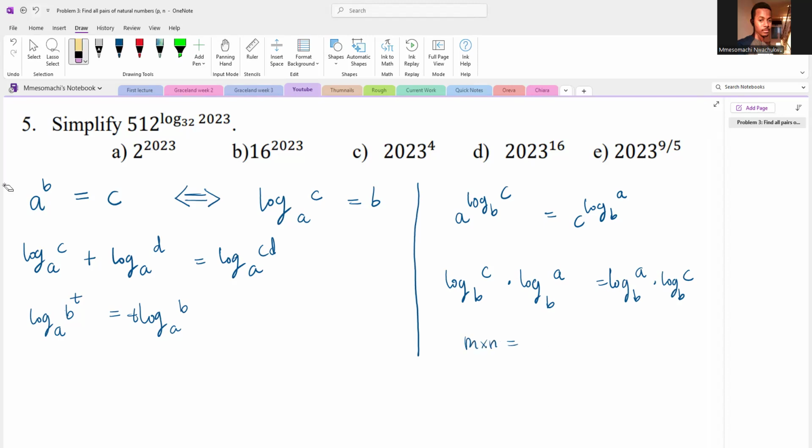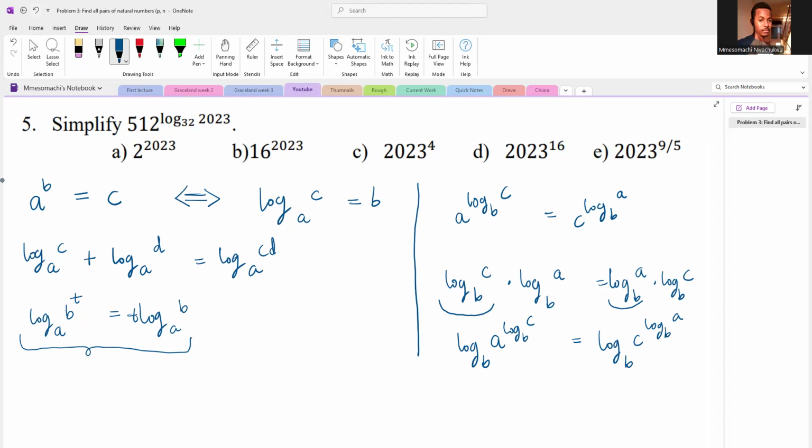Okay, so that's clear. Now we're going to apply this law here. If you take this and make it a power, we have log to base b of a to the power of log to base b of c is equal to log to base b of c to the power of log to base b of a.